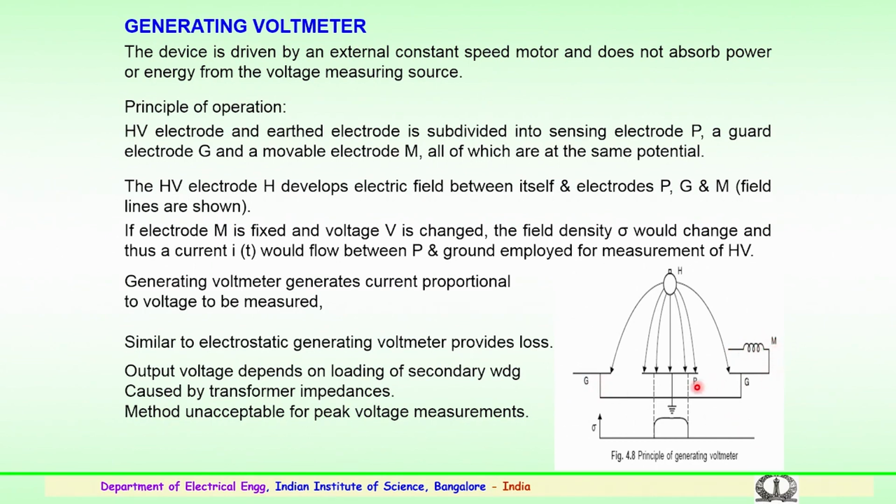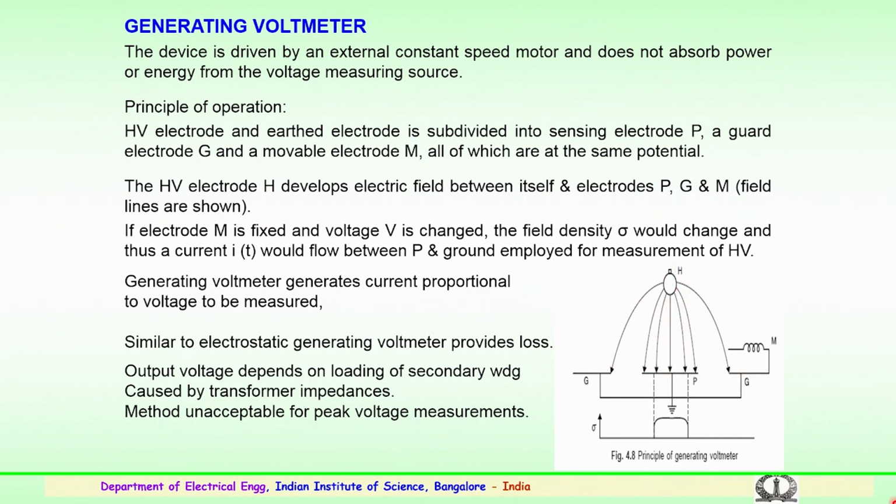So P is the sensing electrode, with the guard electrode and the movable electrode as shown, all of which are at the same potential. When the high voltage electrode develops an electric field between itself and P, G, that is the guard electrode, and the movable electrode, the field lines are as shown here.